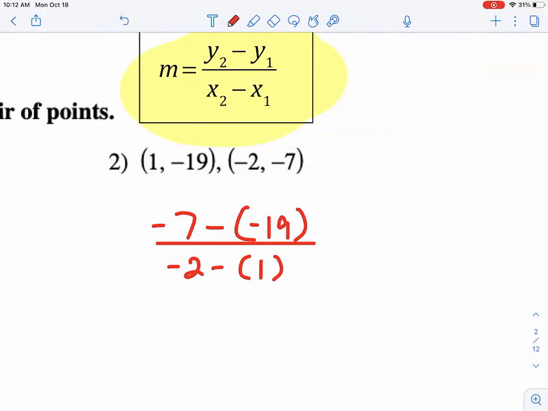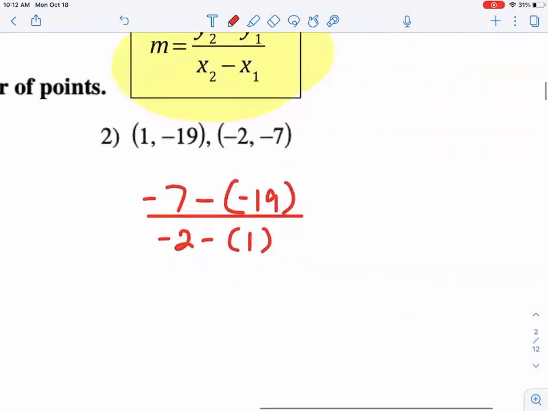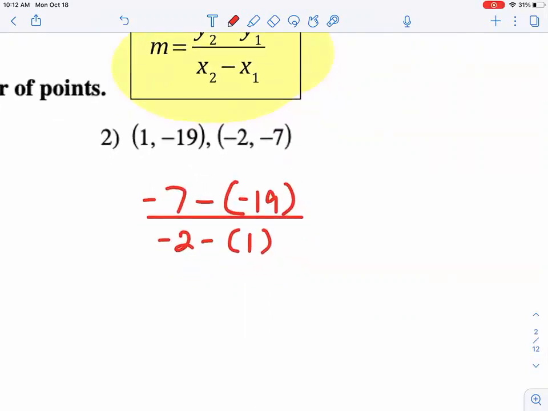All right, so I'm going to finish this in a second, but I know some of you guys are writing. This is just a little review. And so now from here, you know, minus and negative is like plus, so you guys could use your calculators on that. But if we had -7 minus -19 is like -7 plus 19, which would be 12.